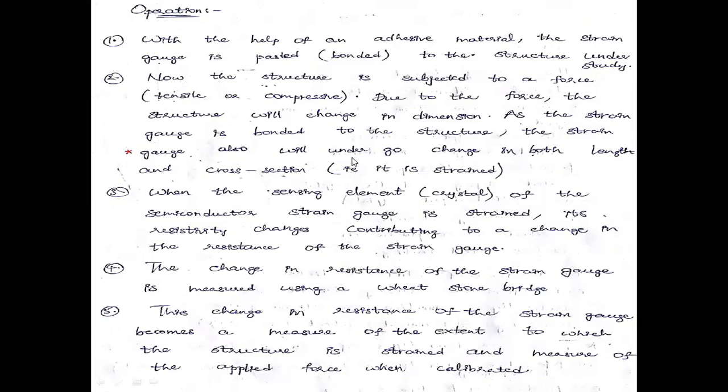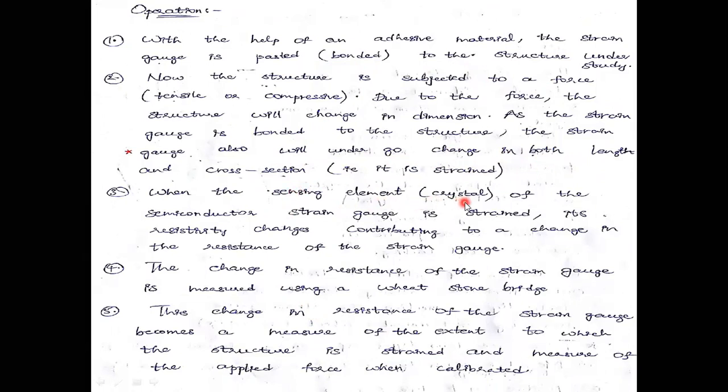With the help of an adhesive material, the strain gauge is pasted, bonded on the structure under study. Now the structure is subjected to a force, that is tensile or compressive. Due to this force, the structure will change in dimensions. As the strain gauge is bonded to the structure, the strain gauge will also undergo changes in both length and cross-sectional area, that is strain.